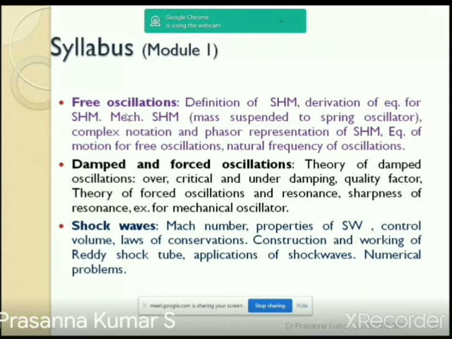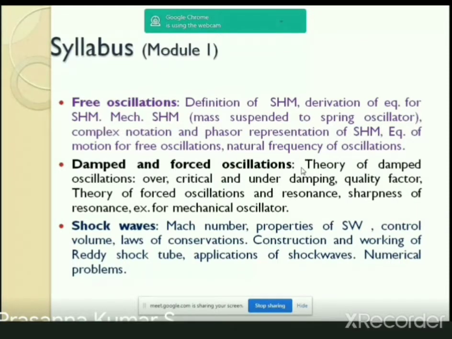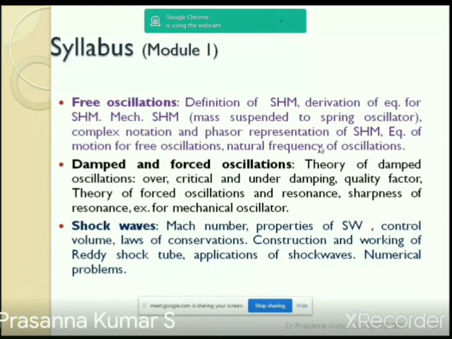Here the oscillations and the shock waves are slightly different kinds of topics. Therefore, it is split into two chapters.